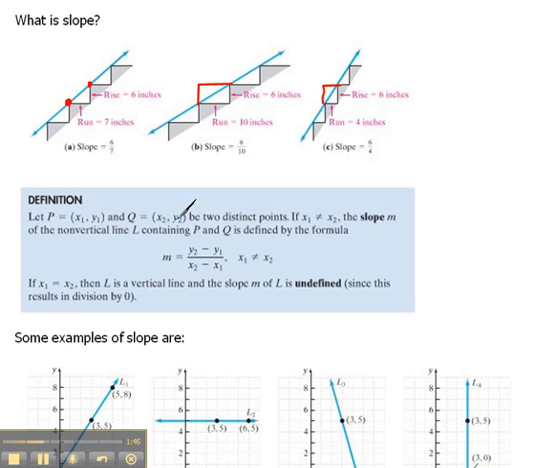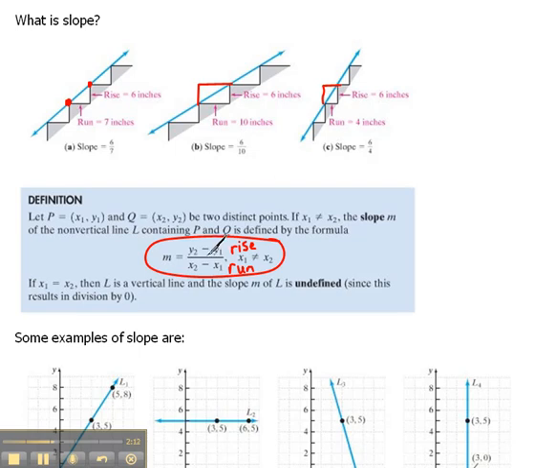This x2, y2 means the x and the y value from your second point. So if we have 2 different points here, then here is our formula that we use to find the slope. We subtract the y's, that's going to give us the rise, the difference in the y's. And then we subtract the x's, that's going to give us the run, or the difference in the x's.